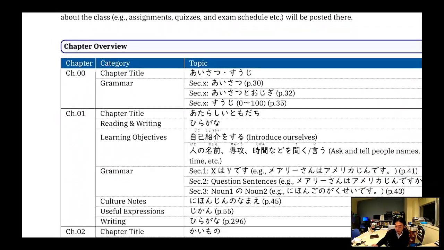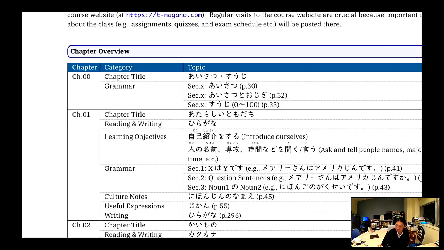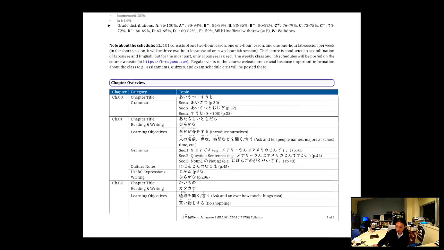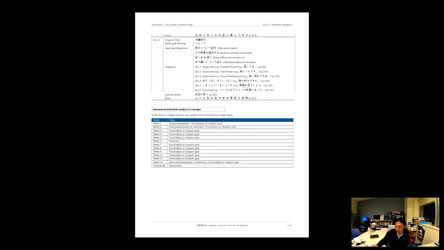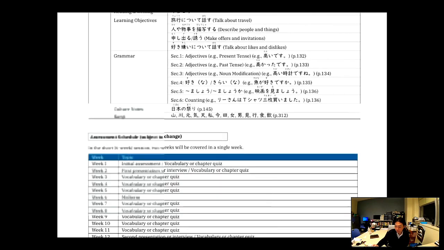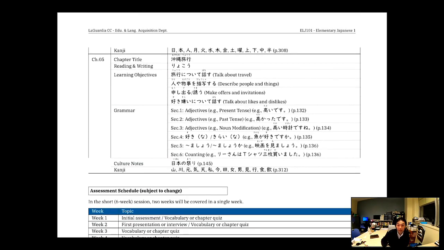This is the overview of the class. Our goal is to cover the first 5 chapters of the textbook. So you see 1, 2, 3, 4, 5, minus kanji.